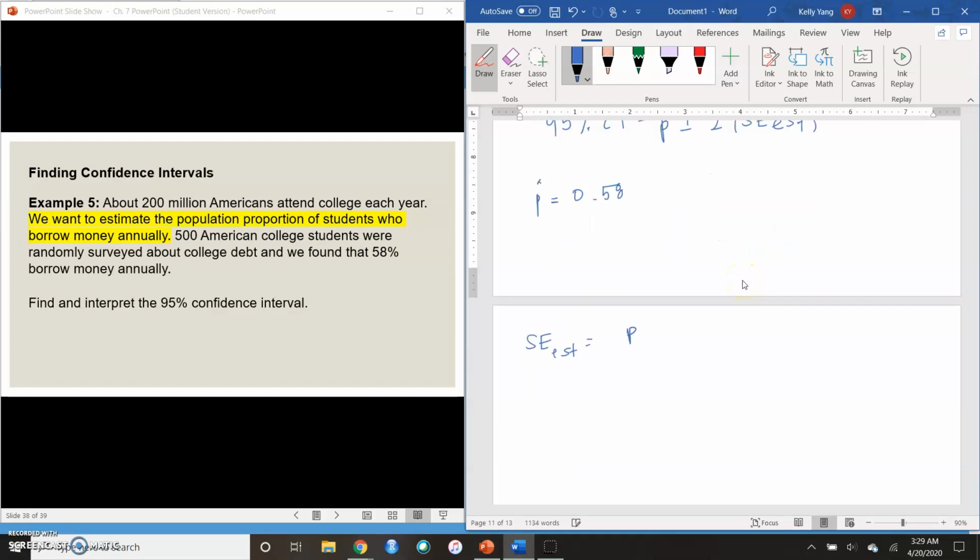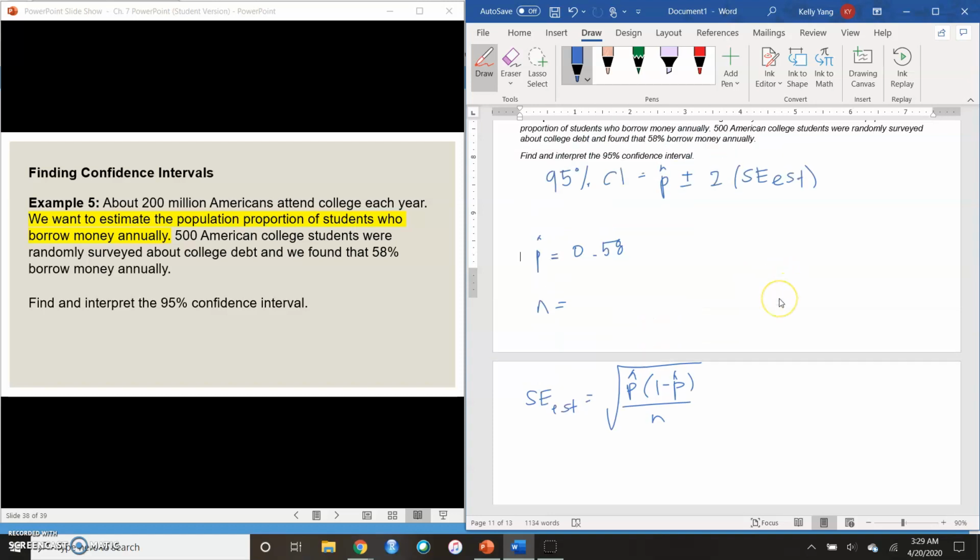The standard error we will have to calculate, but we have the fancy formula for that. The standard error is the square root of p-hat times the quantity 1 minus p-hat, all over n. What is n? N is the sample size. How many people were sampled for the study? 500. So n is 500.